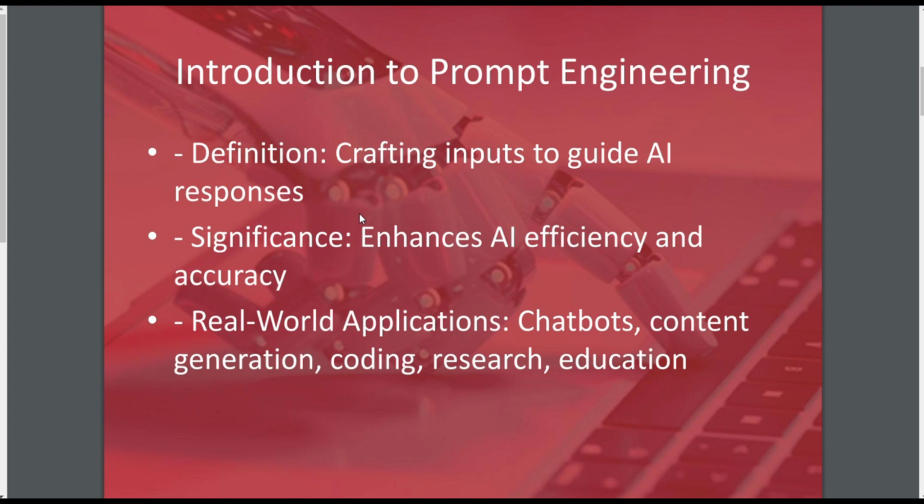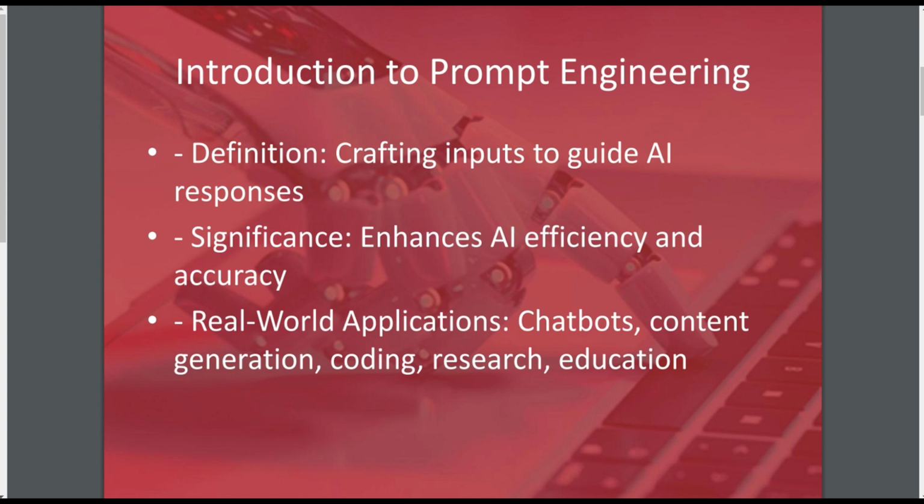First, we would like to look at the definition of prompt engineering in itself. We can define it as crafting input to guide AI response, or, as we have defined it before, the art and science of crafting input, which is the prompt itself, to guide AI systems towards our desired output.